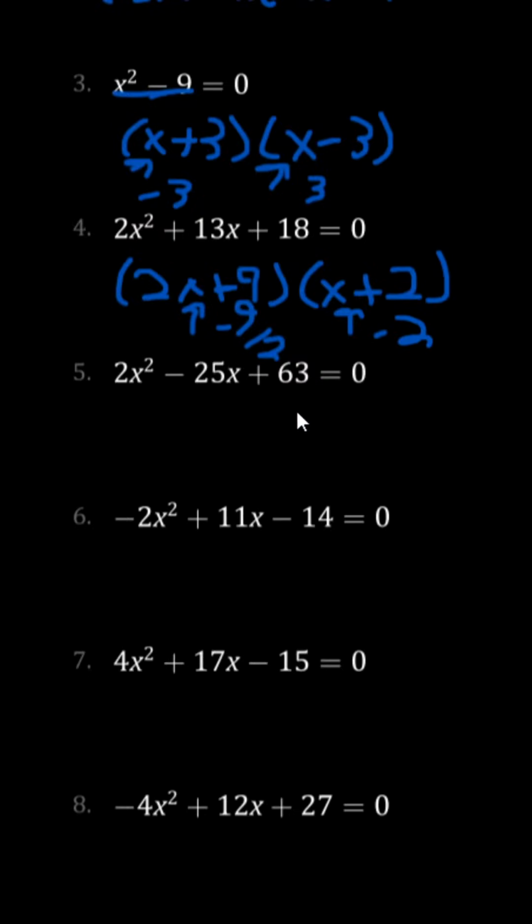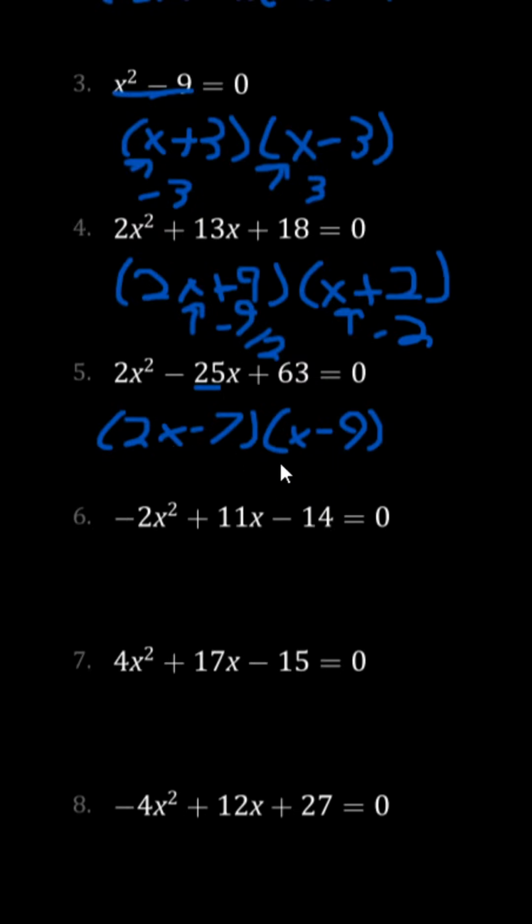So we could do 7 plus 18 does equal 25. So we have 2x minus 7, and then x minus 9. And we know this is correct because 2 times negative 9 is negative 18. Negative 7 times x is negative 7x.